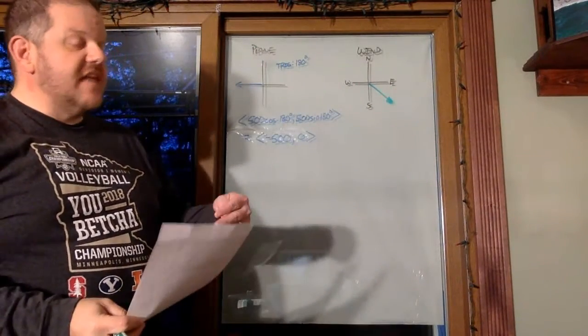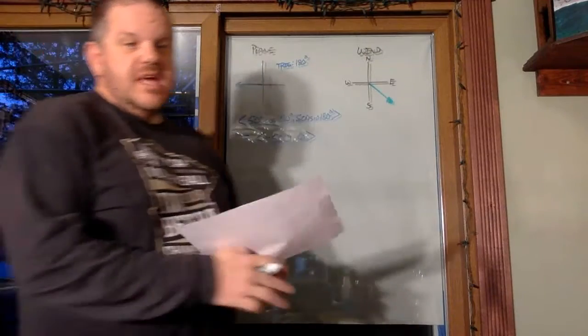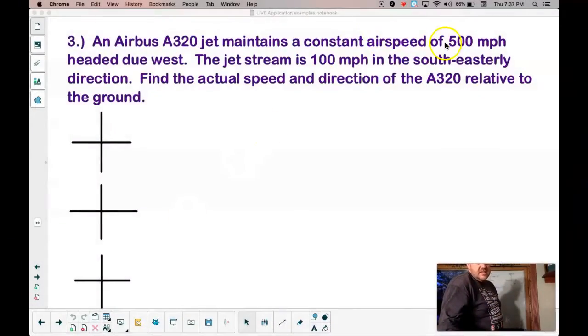It didn't say it was from the southeast. It simply said it was in the southeasterly direction. Tech questions are more along the lines of wind being from, so just know that you have to read the question to decide if it's a from case or a flowing-to case. So it is going in that direction.